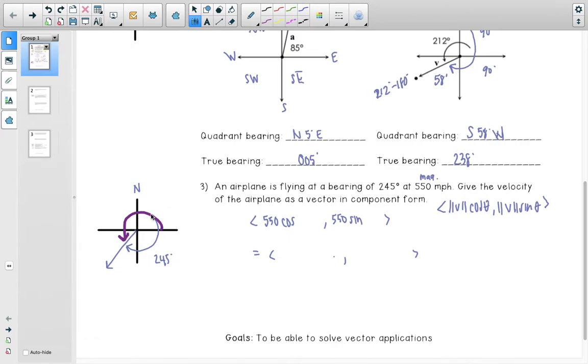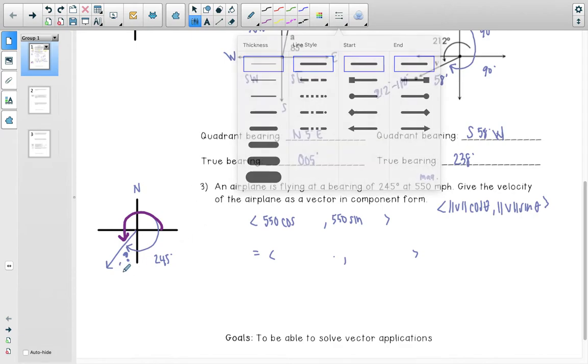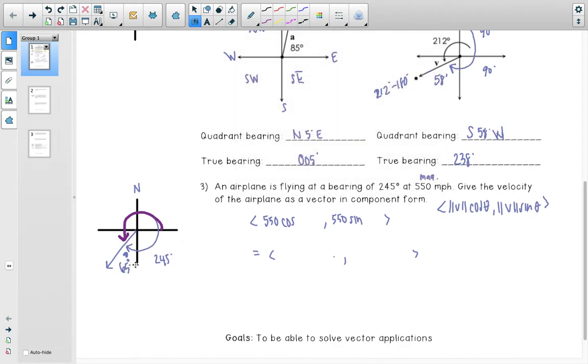If it starts here, it goes 180 degrees, correct? And we can basically say, okay, this is 180 degrees, so what's this chunk? So you can take 245 degrees and subtract it from 180, and you get 65. Okay, so that's 65 degrees.